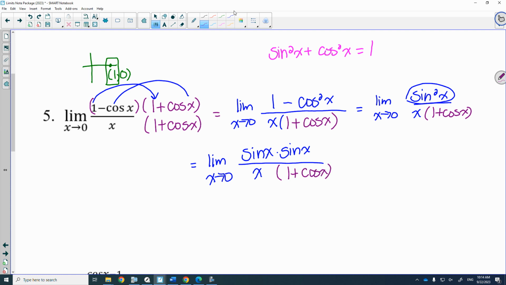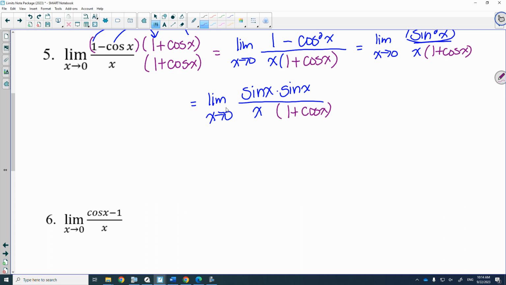What we are going to be looking for when we're doing trig limits is we're always looking for that case, sine of x over x or x over sine of x. Because if ever I see this, this is going to be equal to 1. So this is equal to the limit as x approaches 0, that's really 1 times sine of x over 1 plus cosine of x.